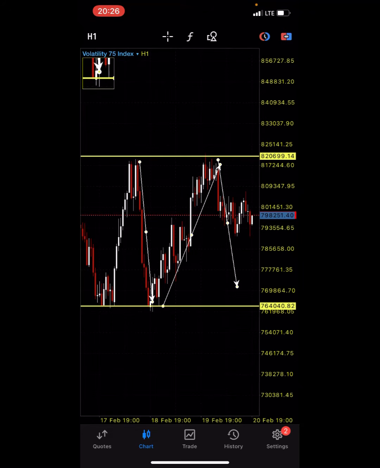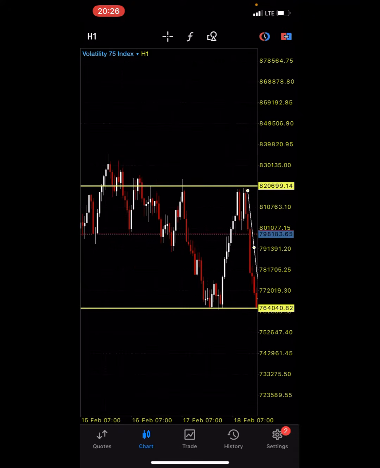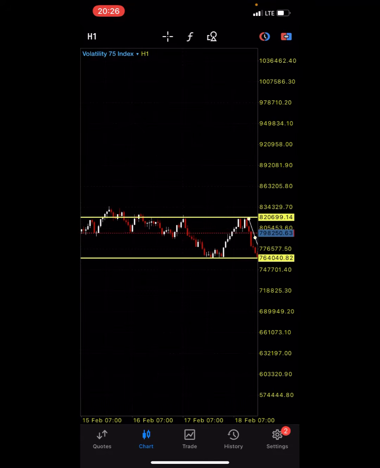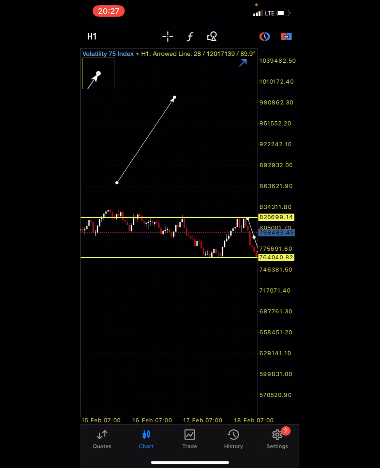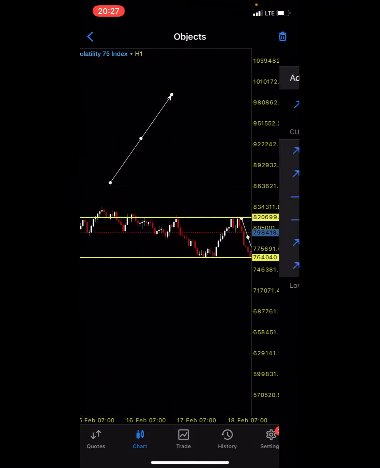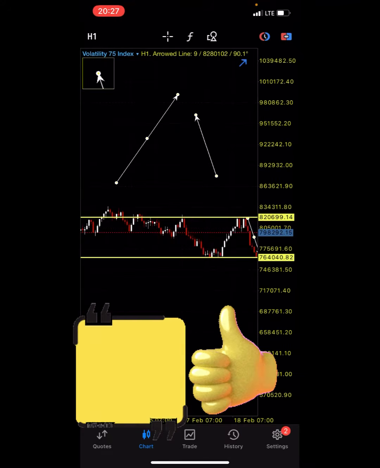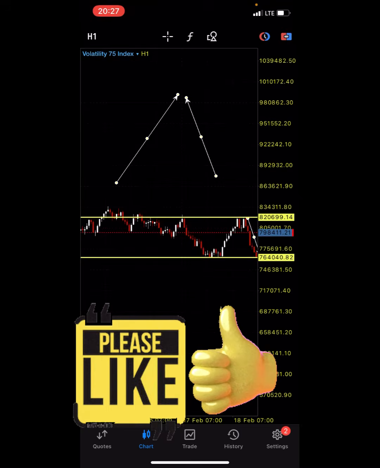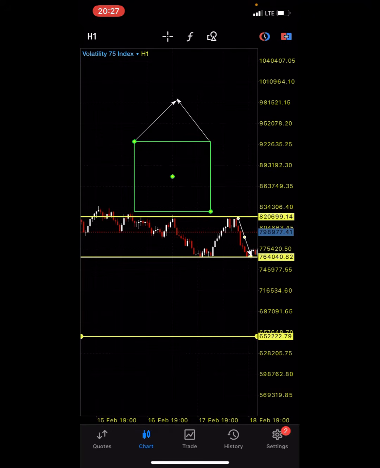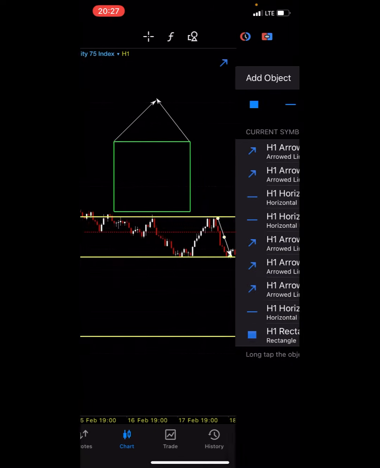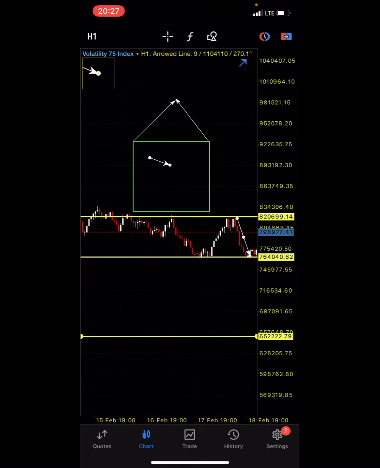Good. So I use one simple illustration all the time for my students, and I tell them, look, support and resistance is like you having a house. Just draw it all out. You have a house. So now in this house, if we take a ball and bounce the ball to the ground, what happens?